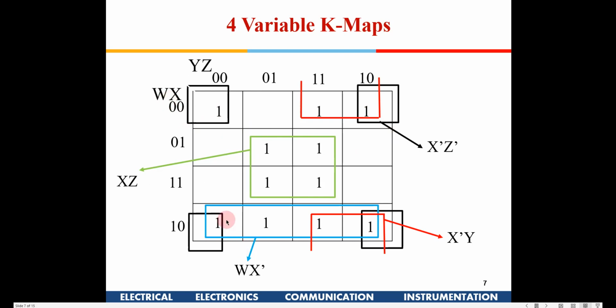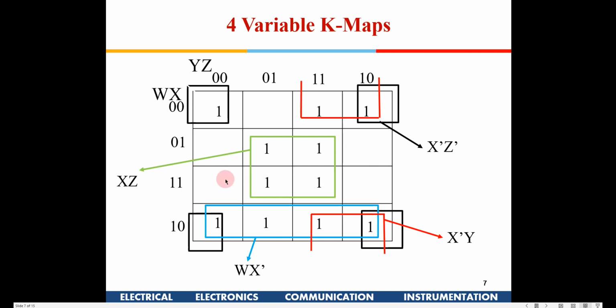If I have 8 elements in the bottom 2 rows, then it will be merely w. And if it is in the middle 2 rows, and you form one box, then w is changing, x is remaining 1 in that case, so it will become x.